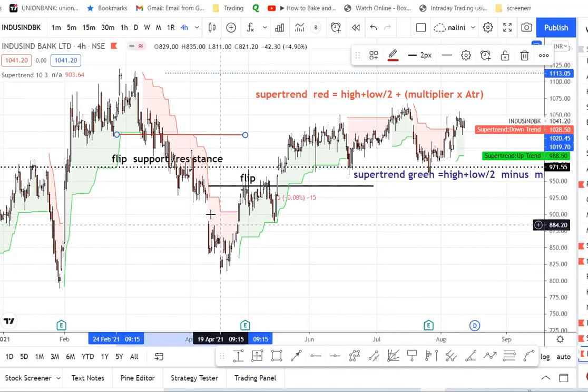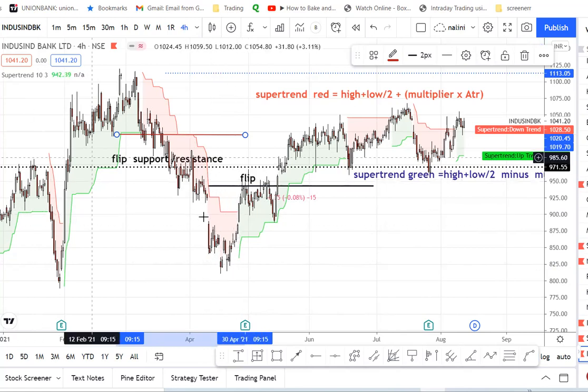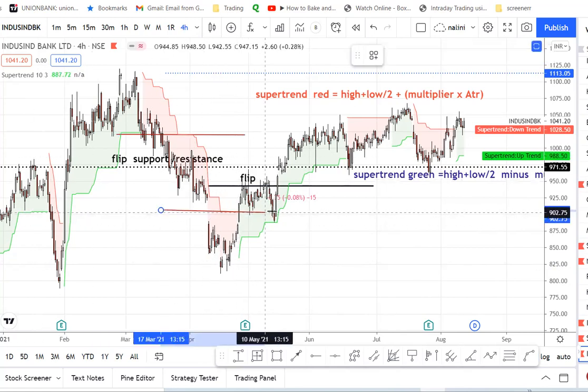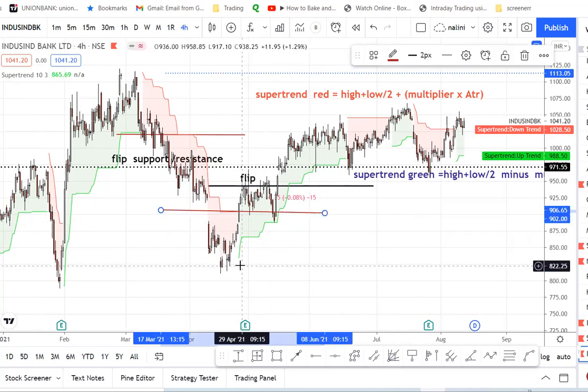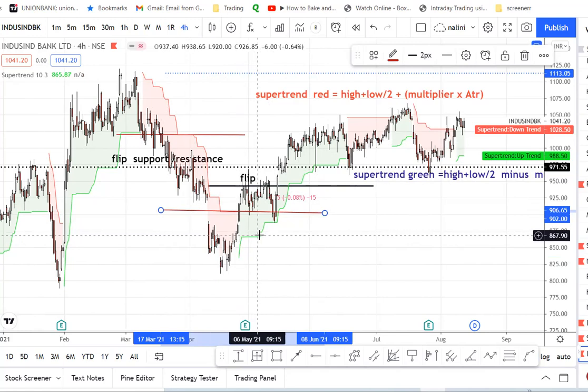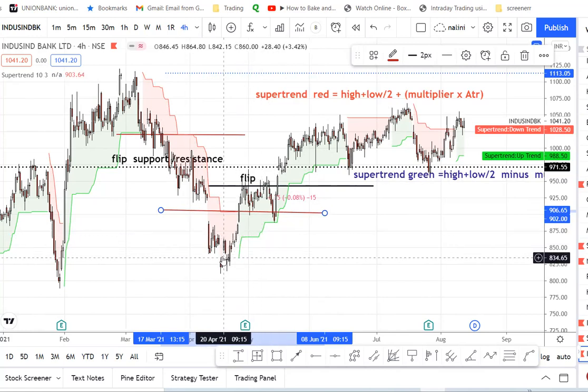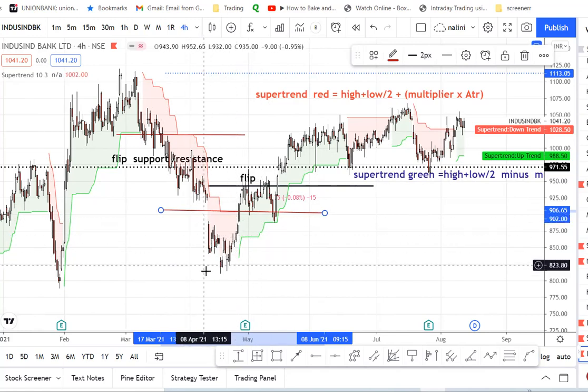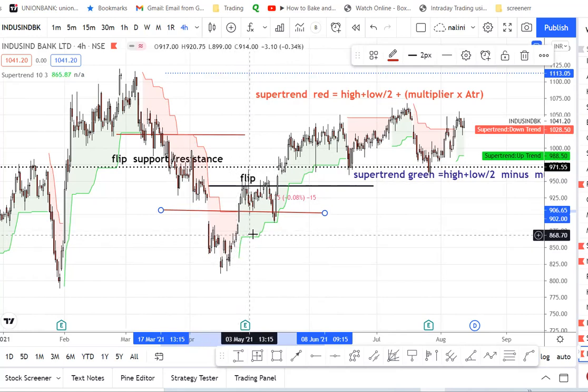And immediately you can see it flattening out here, and at the bottom you can see the green plotting start when the price starts moving down.